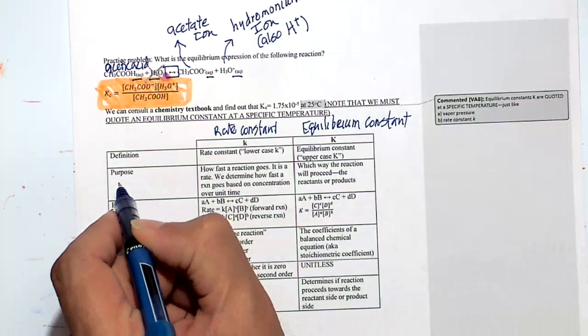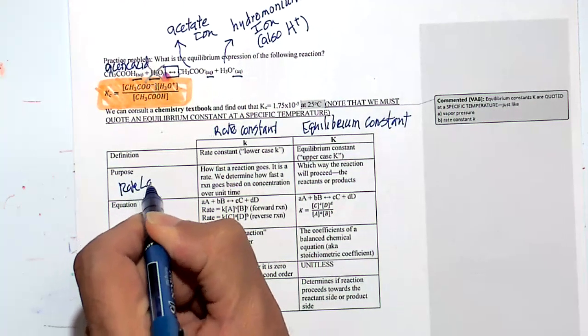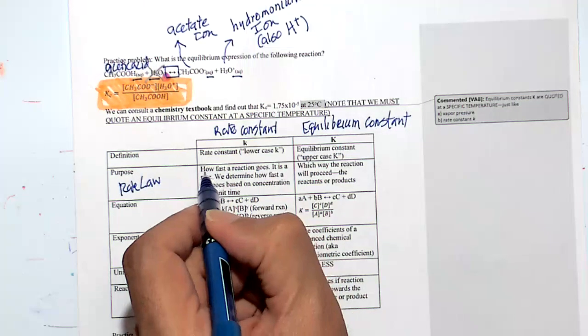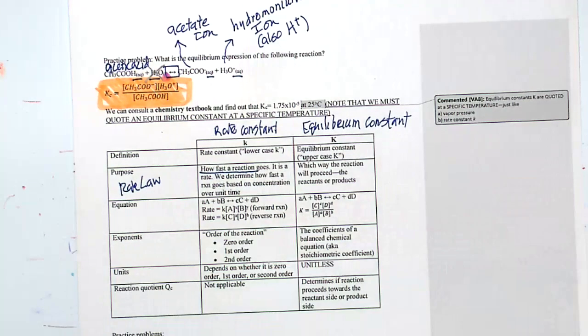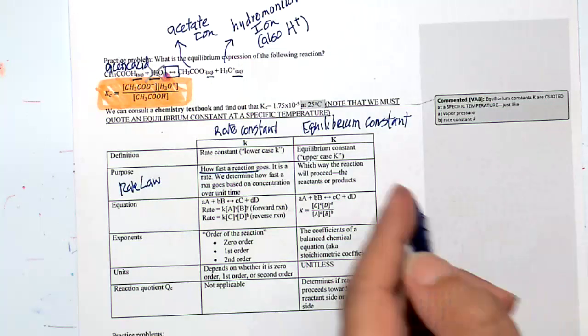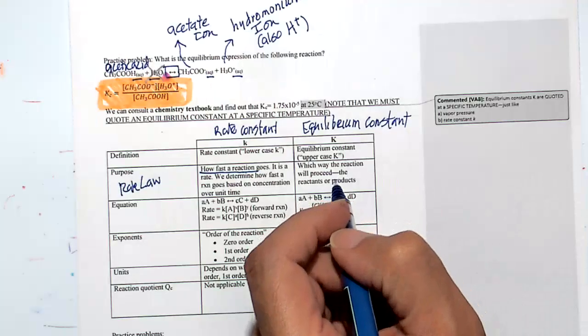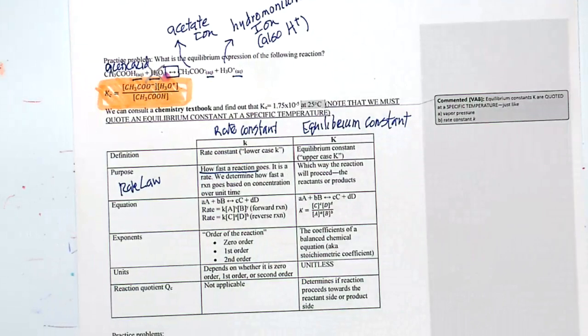The point is rate laws, and it's telling us how fast. Instead of miles per hour, how many molar per second is consumed, or molar per minute, whatever the time. The equilibrium constant, capital K, in contrast, tells which way the reaction favors, this or that. So these are two very different measurements. One is a lowercase k, the other is a capital K.